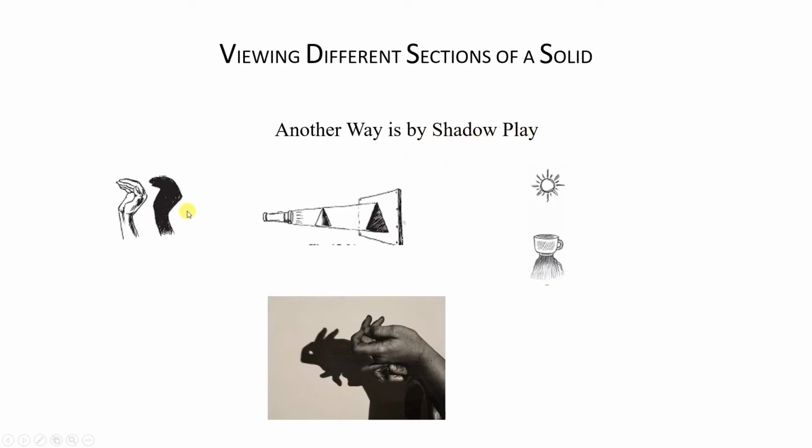A shadow play is a kind of game which you have played and right now you can play also, in which whenever sunlight is radiating from the balcony or from the window or from the door, when you put something, for example your hand, against the wall, you can see the shadow of your hand on the wall like this.